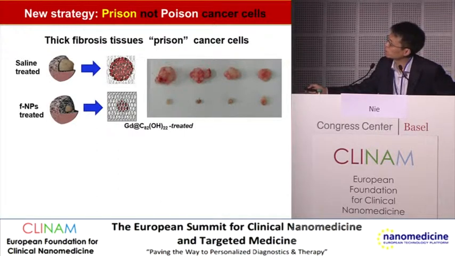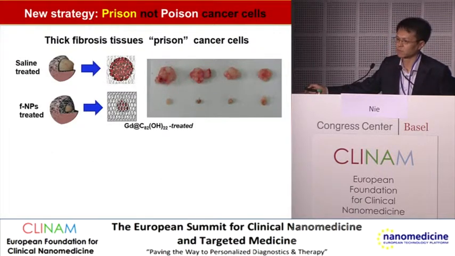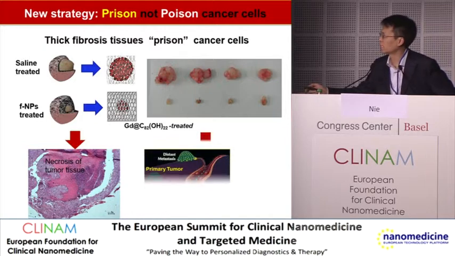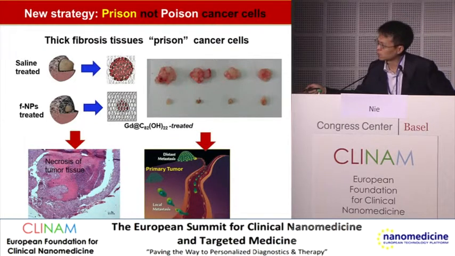But if we work with the new type of nanostructures, they can form a very dense fibrosis tissue around the tumor cells. Such a structure can be used as a prison strategy. They can just hold the tumor there and not let it proliferate fast and invade other local tissues.